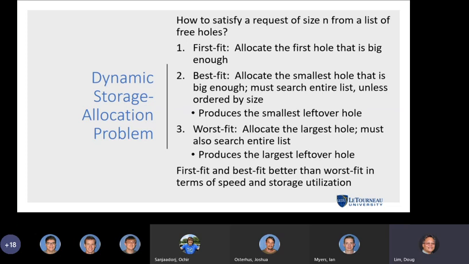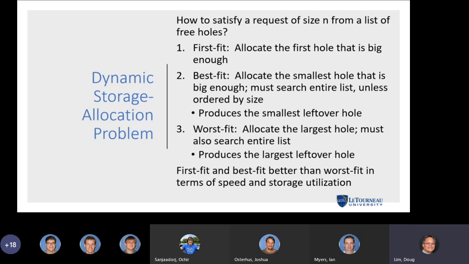That's allocating the first hole that's big enough to fit. So we would go marching up from the bottom part of memory until we find the first hole of sufficient size, and then we put ourselves into that hole.